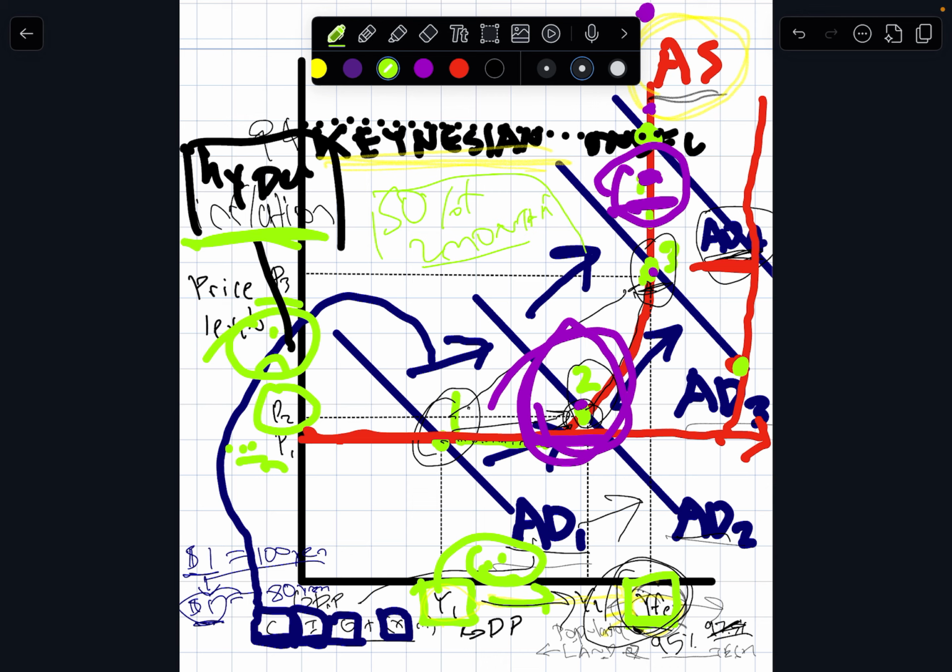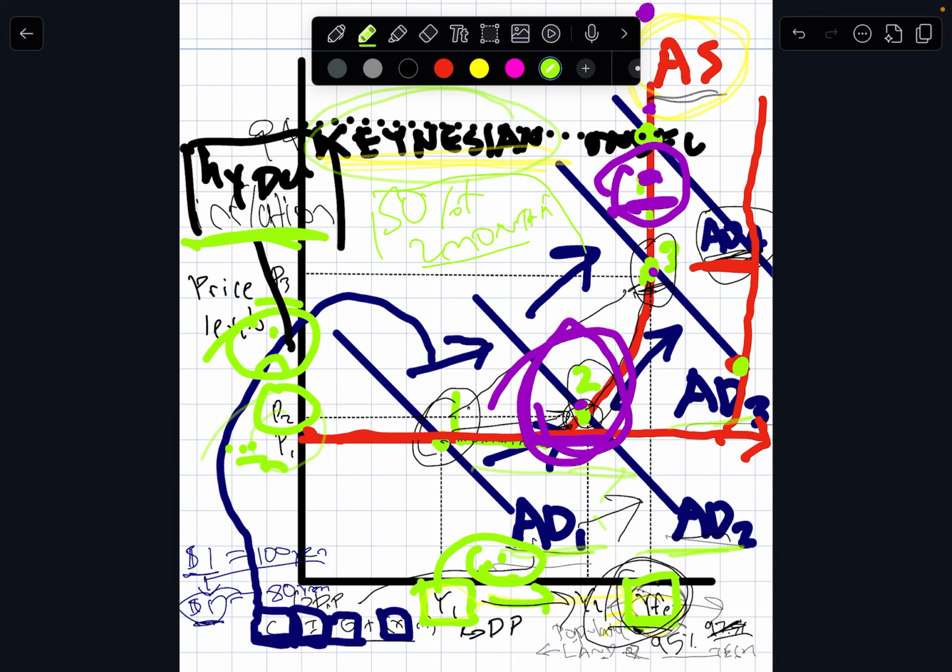So hopefully the big picture you're left with now is kind of contrasting, right, this model of classical versus Keynesian. And the biggest difference in ideology is basically the government's role, right? The government can help pull people out of these recessions without compromising major inflationary pressures.